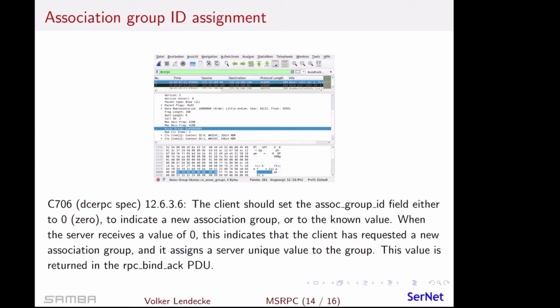And if you look at the DCRPC spec, the client should set this association group field either to 0 to indicate a new association group or to the known value from previous calls, and so on. So what this means is when the client comes in the bind packet, which is always the very first packet of an RPC connection, when it comes with a value of 0, server says, hey, get a new association group. Here's the ID in the acknowledgement PDU packet.